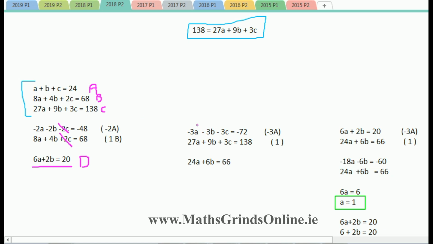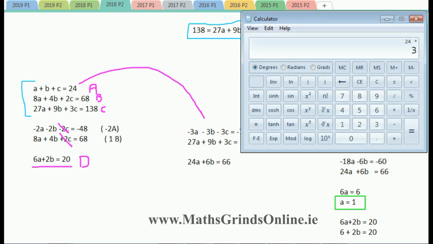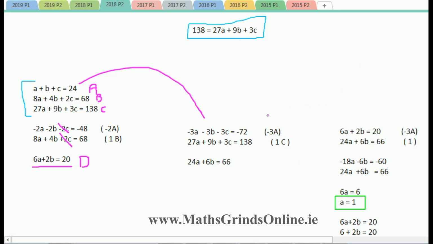Alright, we'll move into the middle section here, and you can see that I've taken equation A again, and I've multiplied it by -3, and this bottom equation here is effectively equation C. Okay, so multiplying this equation here by -3, I get -3a, -3b, -3c is equal to 24 times 3 is 72, so that'll be obviously -72. Same story here again, the c's cancel.